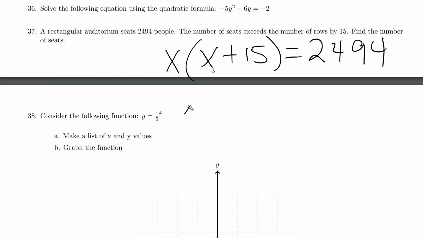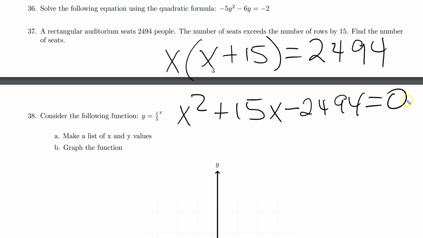So this becomes x squared plus 15x. Transpose that, negative 2494 equals 0.